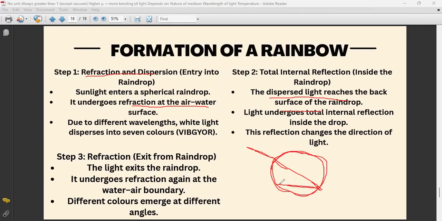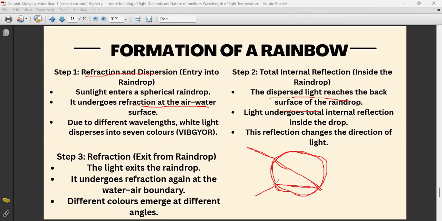Now in step 3, refraction happens again, when the light ray is coming out from this droplet, or exiting the raindrop. When the light exits the raindrop, it undergoes refraction at the water-air boundary.